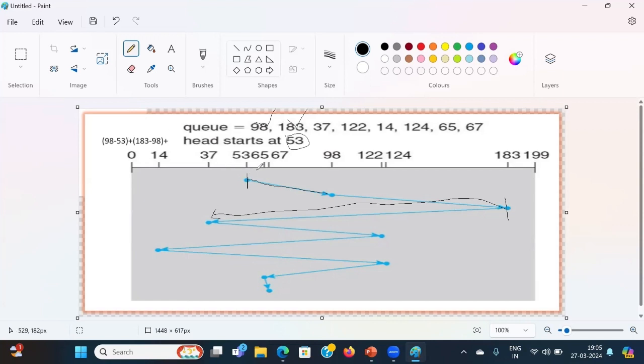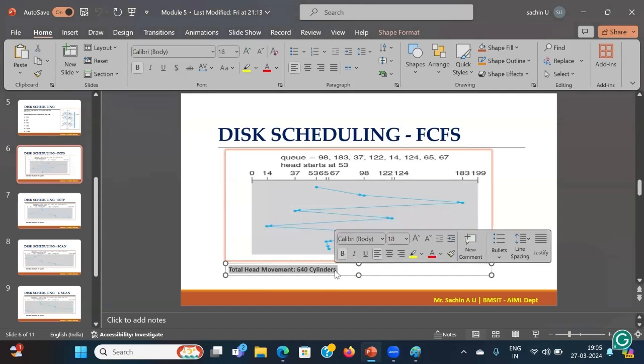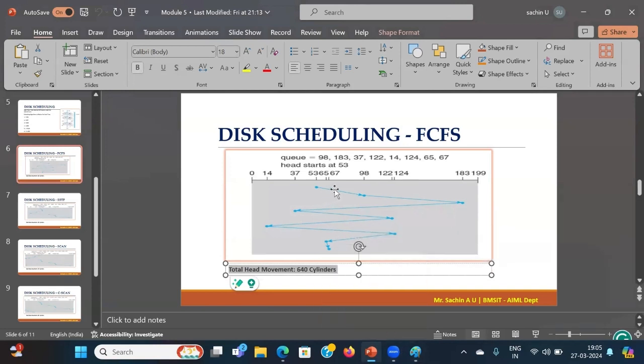So when you calculate all, what is the total number of head movements? The total number of head movements is nothing but 640 cylinders. How did we get this 640 cylinders? If you just go on subtracting these values.